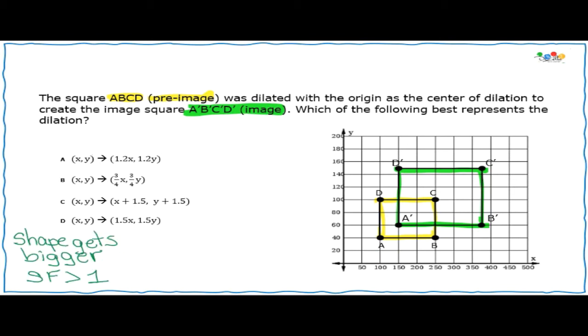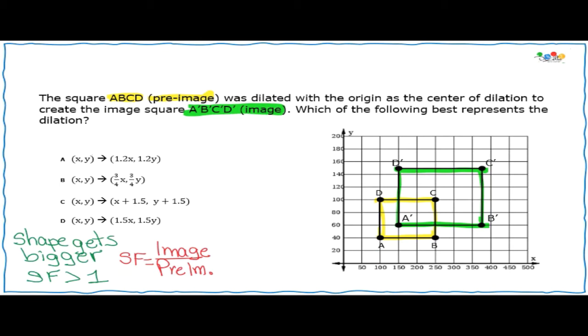Okay, so let's write down how do I find the scale factor. So I'm going to write it down right here. So the scale factor, I'm going to find it when I compare as a ratio, remember, the image over the pre-image. Okay, I didn't write the whole word, but we get it, right? Image over pre-image.